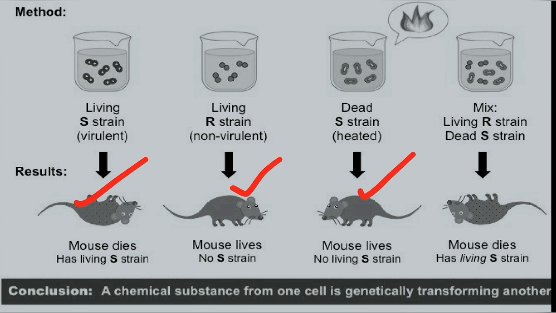He observed that the mice died due to pneumonia, and virulent living S3 type of bacteria could also be recovered from their bodies.